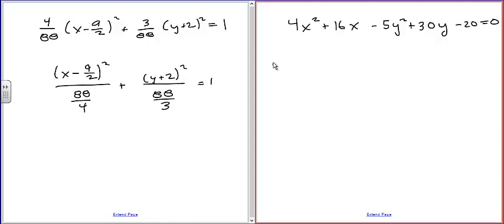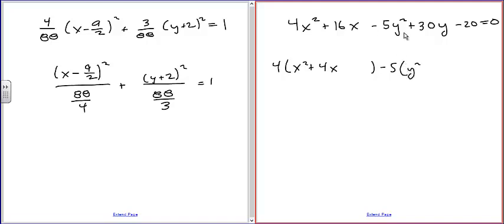So we do the same thing. We group these two together and we factor out the 4. You've got to remember, I almost forgot to do it there. Factor the 4 out of this as well. So you divide 16 by 4, you get 4. Leave a space. Here we factor out the negative 5, not just 5, but negative 5.